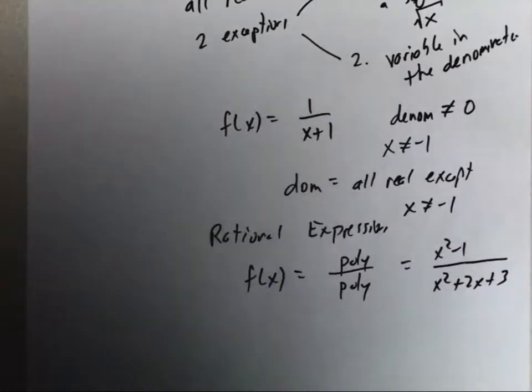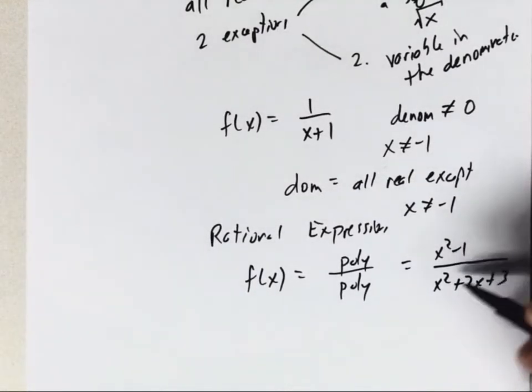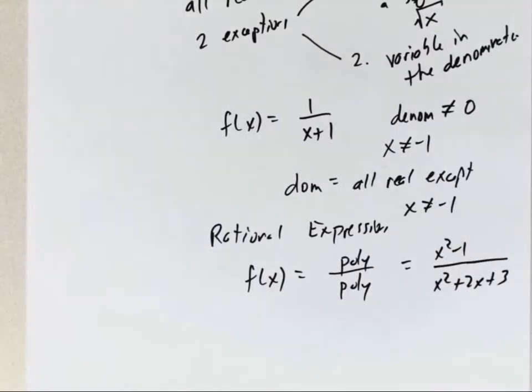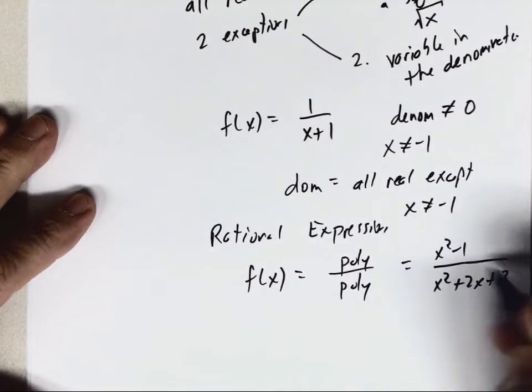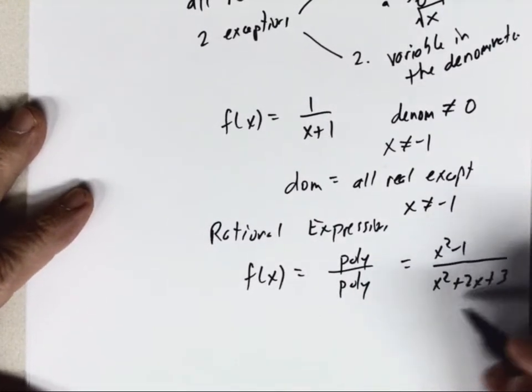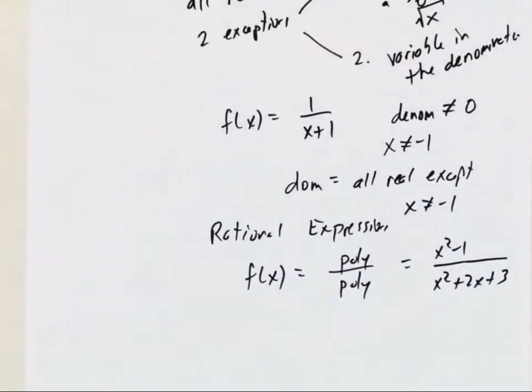I've got variables in the top, variables in the bottom. Because I now have these fractions, one of the things they're going to ask me is what the domain of these kinds of expressions is. So basically, the domain is going to be all real except whatever values of the variable would cause the denominator to equal 0. That's the only thing I have to worry about.